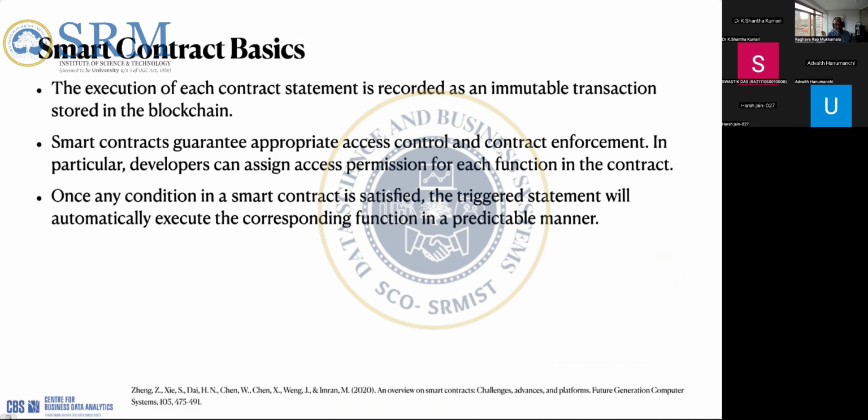The important thing is that the execution of each smart contract statement is recorded in an immutable transaction. All the stages are recorded in the form of a transaction, which is stored in the blockchain. That gives a lot of confidence, because the underlying blockchain is immutable, so the transactions are recorded permanently.